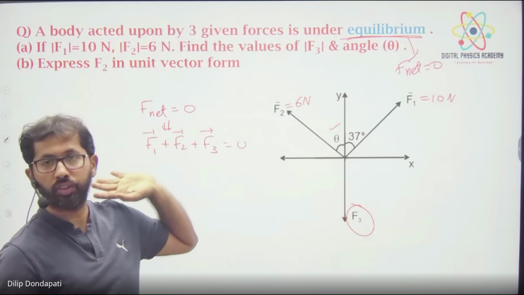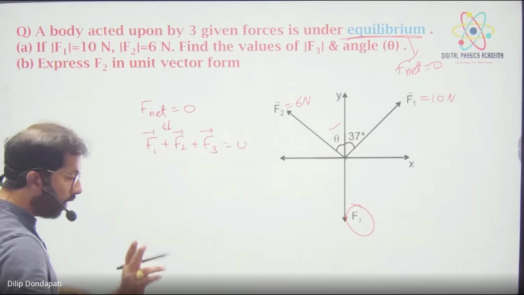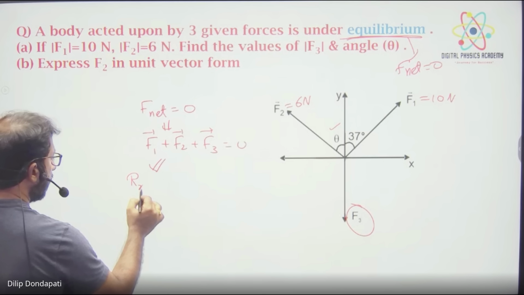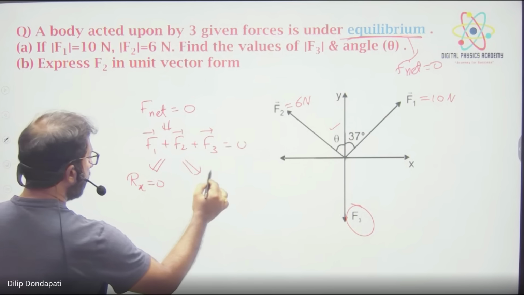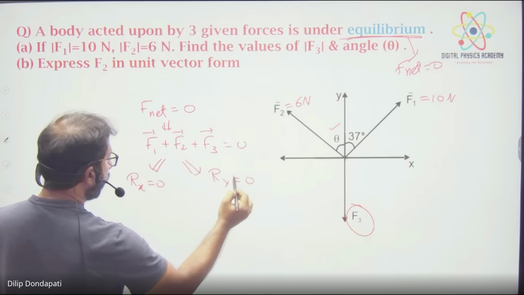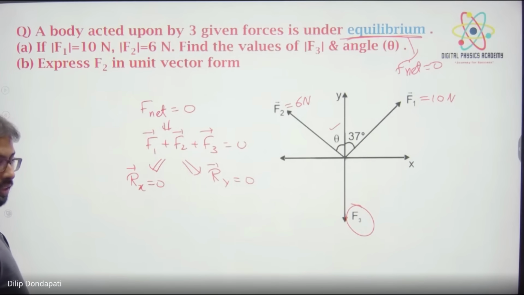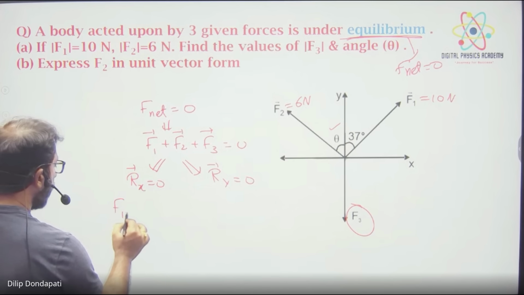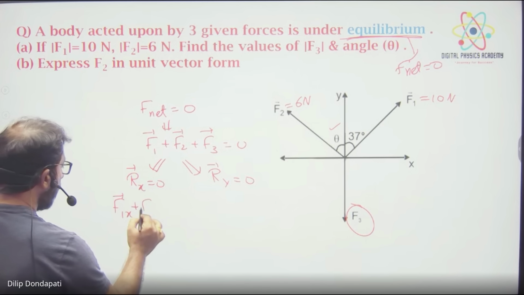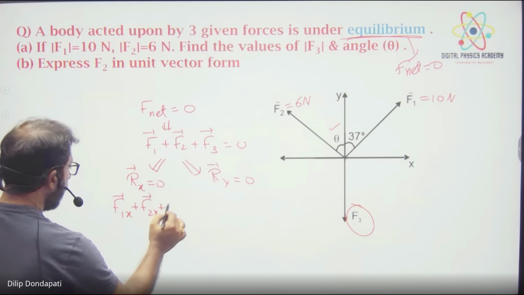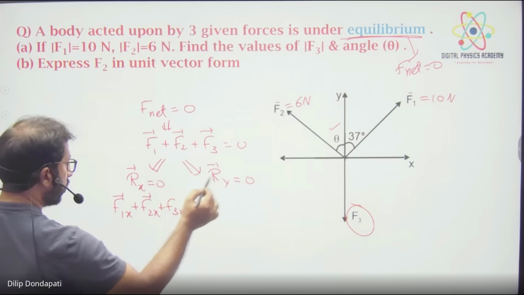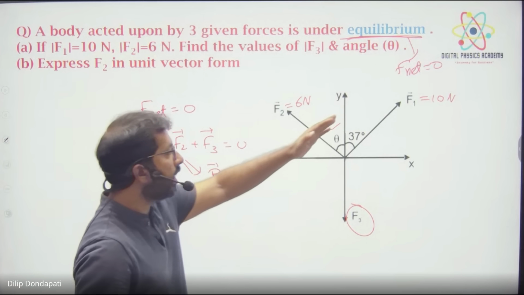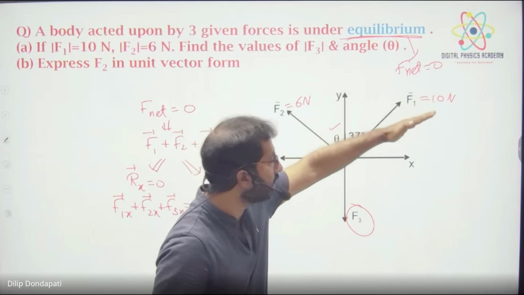Right? So you have two conditions. The resultant in x direction is zero and similarly the resultant in y direction is zero. Now the forces in x direction are F1x plus F2x plus F3x, there are only three forces, equal to zero. Now tell me, what is the x direction force of F1?